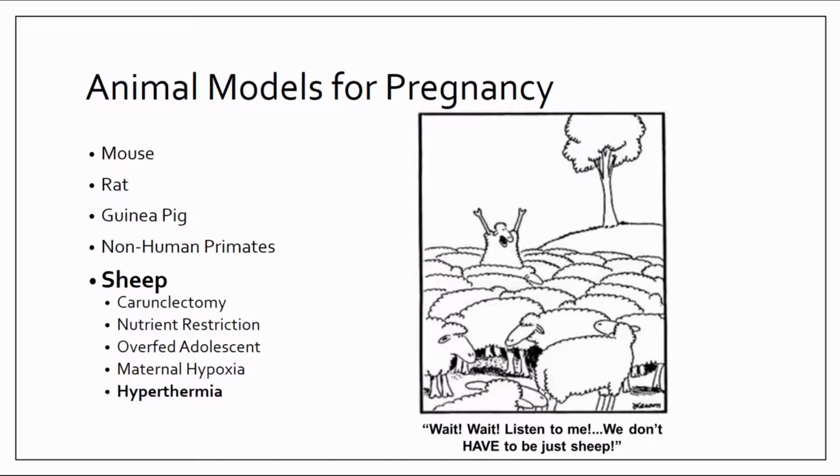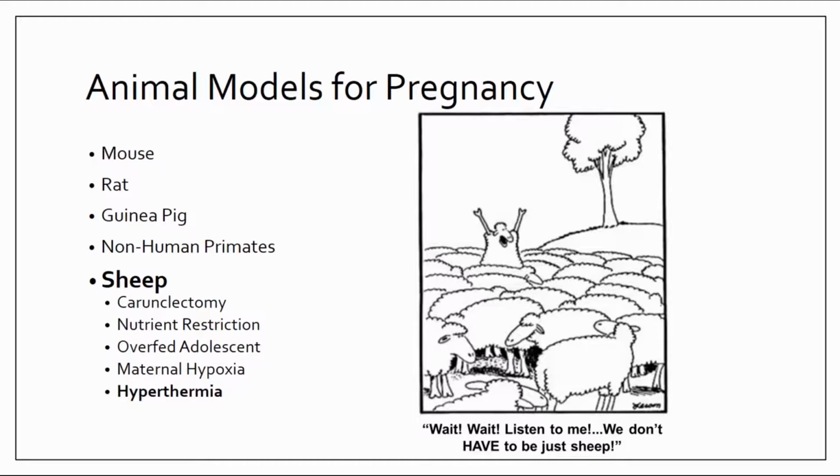So I began to think about the models that we have for pregnancy. Of course, Dr. Ireland gave a beautiful slide showing the number of researchers that use small rodents is in that 80% range. So obviously these are very inexpensive animals to use and house.